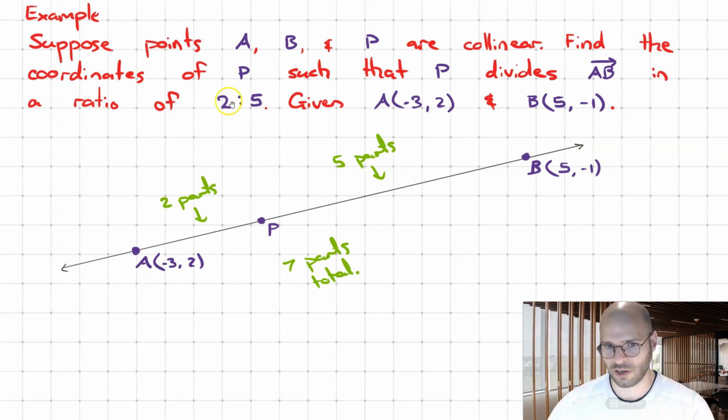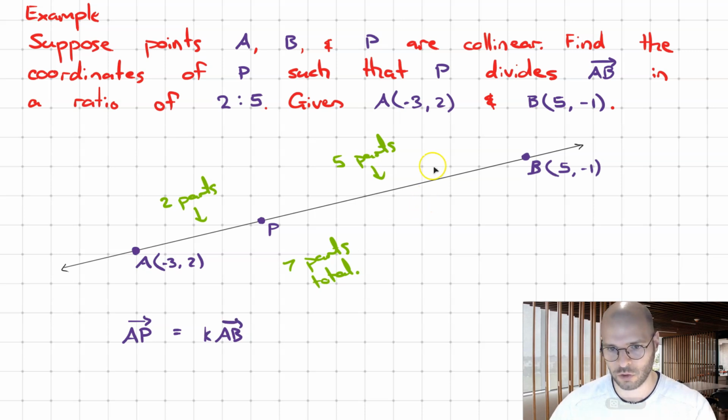Now using our diagram and the information that we plotted, let's try and figure out where point P is. Firstly, let's try and describe point P using the vector AP. We know that AP is going to look like this. Secondly, let's compare AP to the total length of AB. We know that there's going to be AB over here, and we know that AP is going to be a scalar multiple of vector AB.